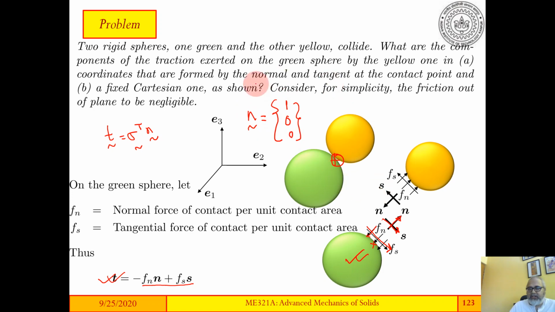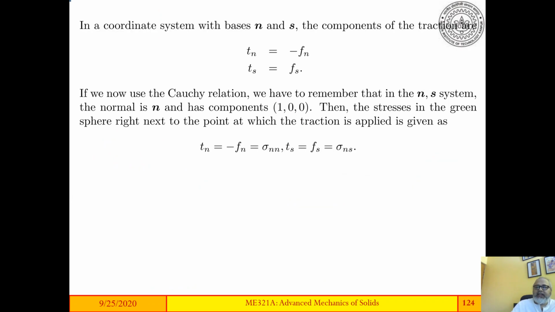In the ns coordinate system, n has components 1, 0, 0, and therefore the tractions also will be given in the ns coordinate system. And if we do that, Tn will turn out to be minus Fn and Ts will turn out to be minus Fs.